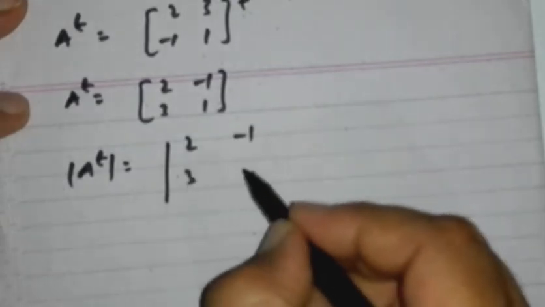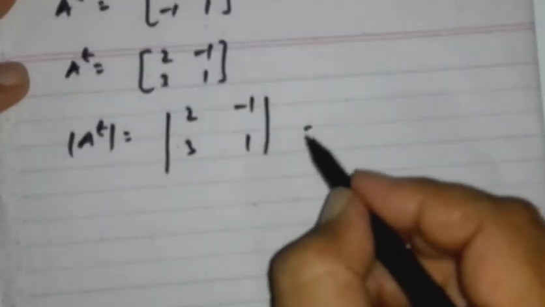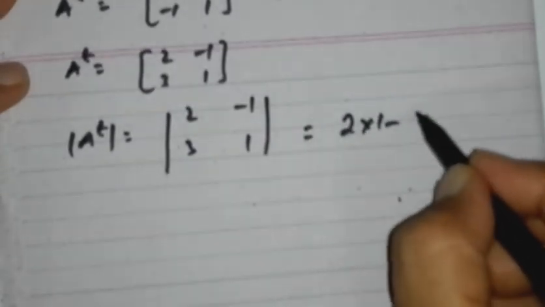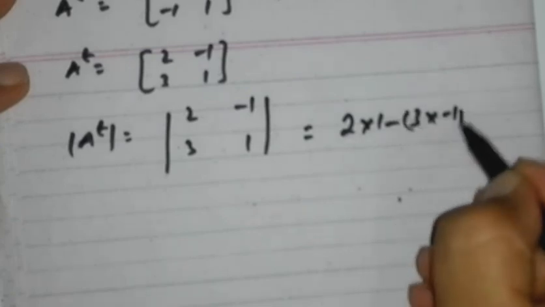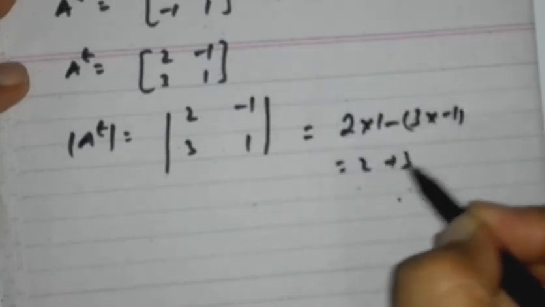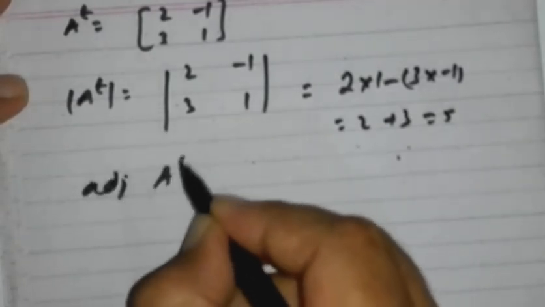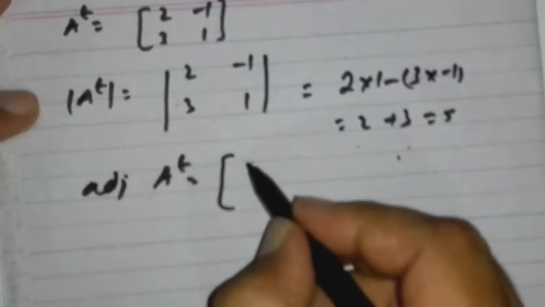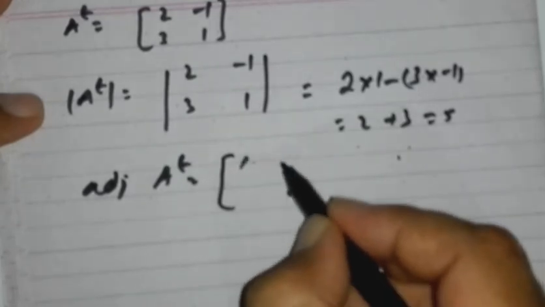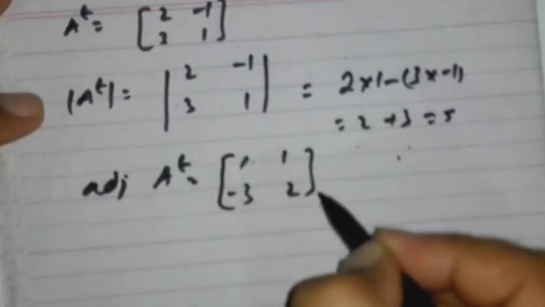Now find its inverse, so first the determinant of A transpose. 2 into 1 minus 3 into minus 1. 2 plus 3, we get 5. Now the adjoint of A transpose, we get 1, 1, minus 3, 2.